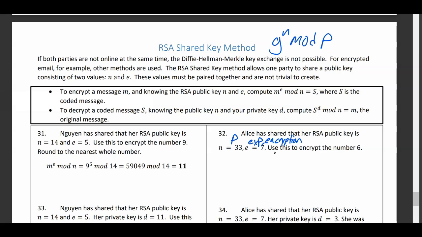And the number you want to encrypt, the message, is the base. So the message to the E mod n is how you would encrypt it. In this case, it would be the message 6 to the E, 7, mod 33, and you just work that out.